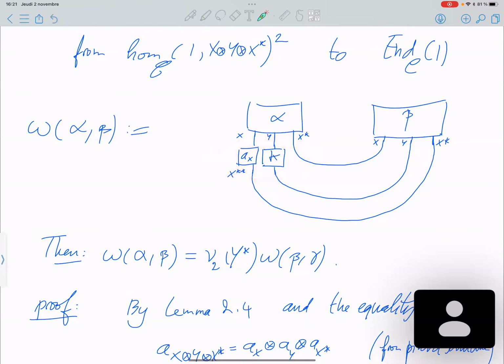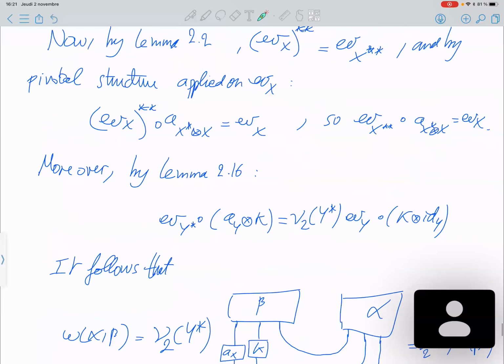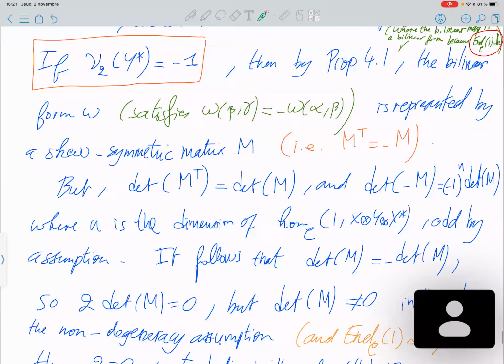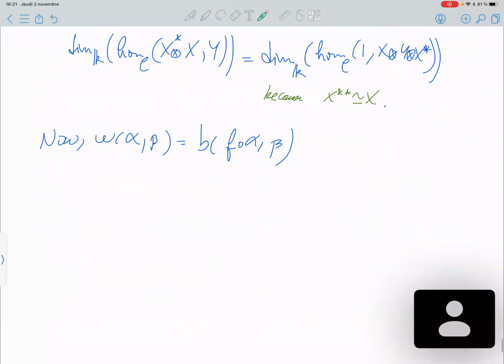So you have the usual B, but we need to add something here. So this is nothing but that. This is like the B, and you compose with F. F is AX tensor kappa tensor identity, star.